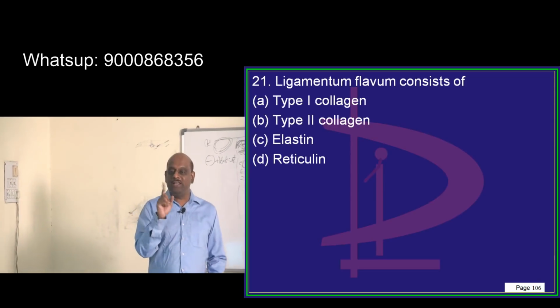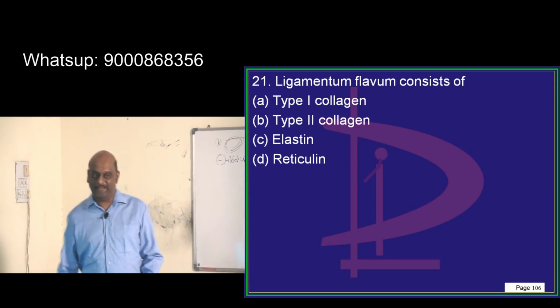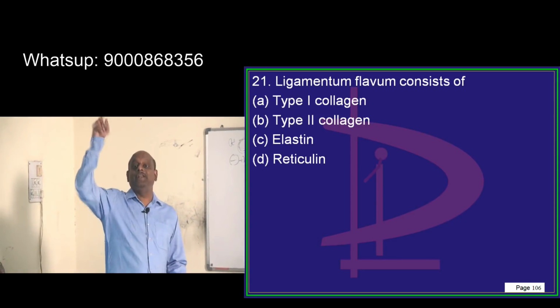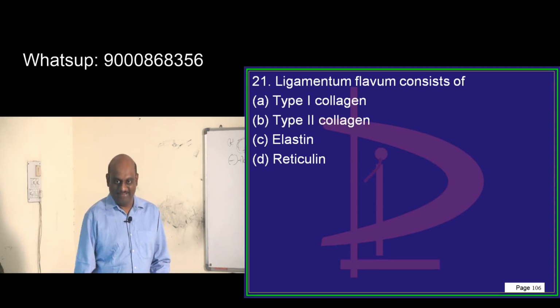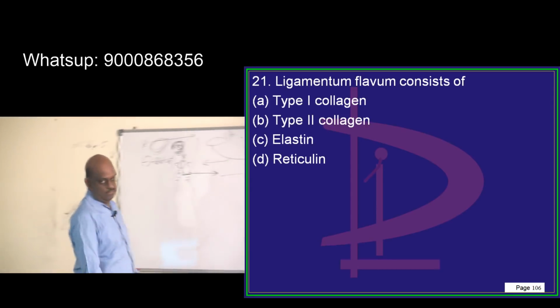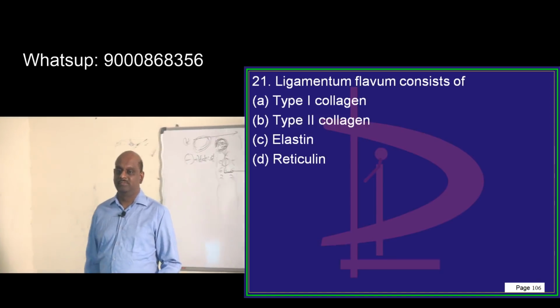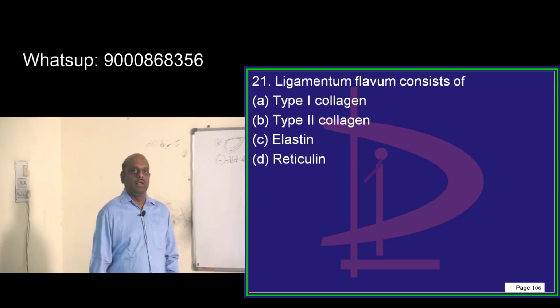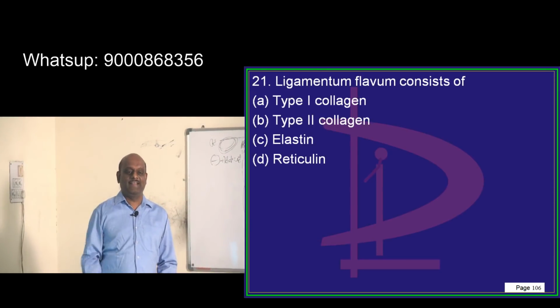Is there ever a question paper without a type of collagen? No, there isn't. Type 1 is there in bone. Type 1 collagen, right? Type 2, where do you have? In cartilage, type 2 collagen is there.